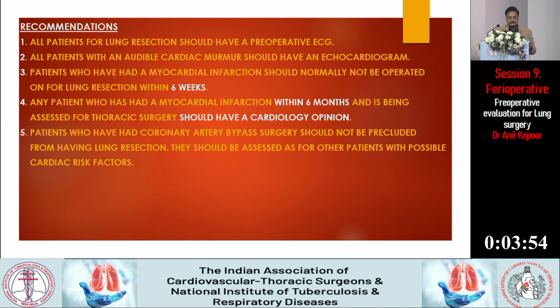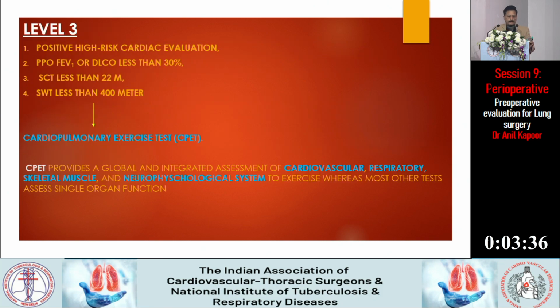All patients who have had a myocardial infarction should be postponed at least for 6 weeks. And any patient who has had an MI within 6 months before the proposed surgery should have a cardiac evaluation by a cardiologist. So, now we go to level 3.